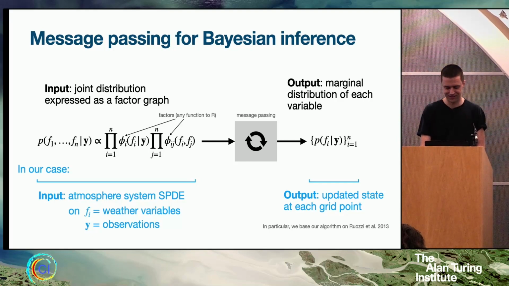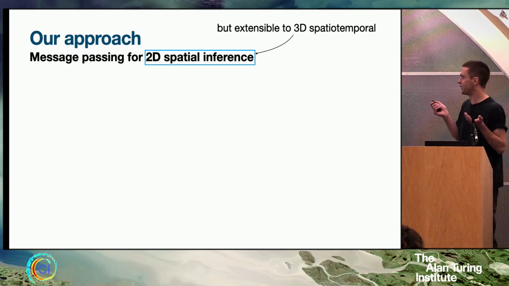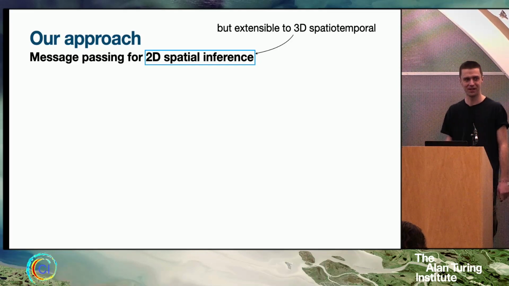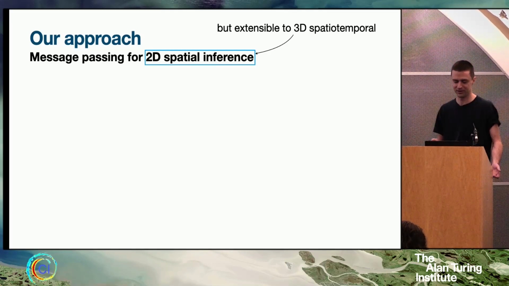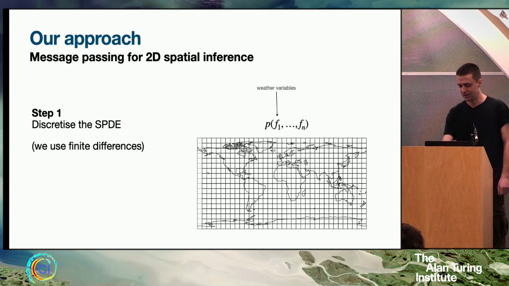So let's go into a bit more detail of our approach. In this paper, we're only looking at 2D spatial inference, a massively simplified data assimilation problem, of course, but the whole thing is designed to be extended to 3D spatial temporal inference. Stage one is we take our SPDE and discretize it using finite differences, but you could use some more complicated discretization scheme.